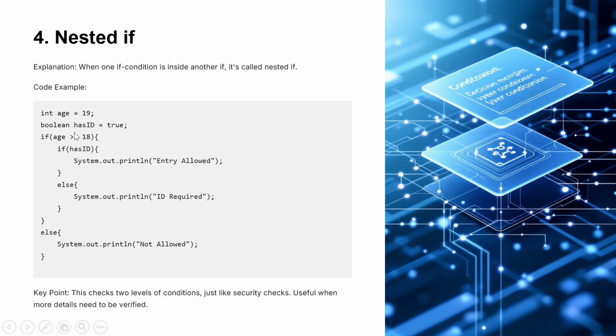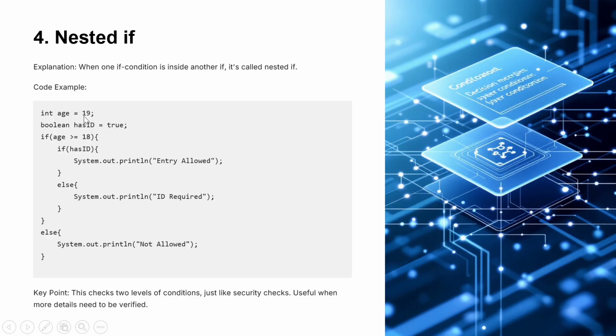Here the expression is: if age is greater than or equal to 18, then it will go inside this block. And again there is one if condition, if hasId is true, then only this block will get executed, otherwise the else block will be executed.